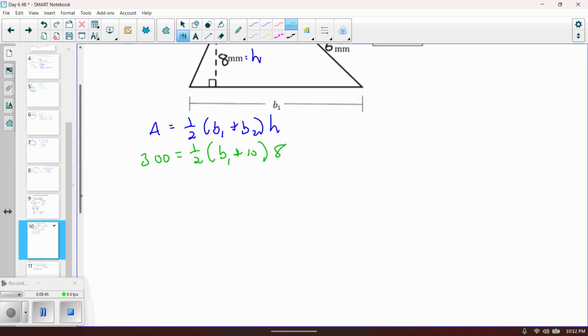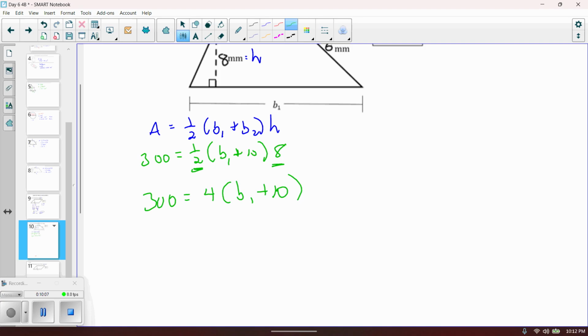So I can't really combine what's inside the parentheses because one of those numbers is unknown. But I can multiply this 1/2 times this 8. So 1/2 times 8, or 1/2 of 8, is 4.